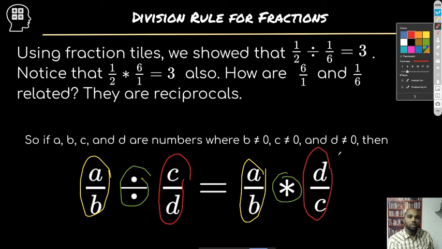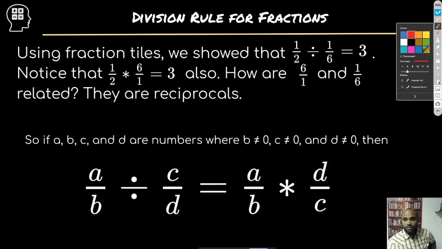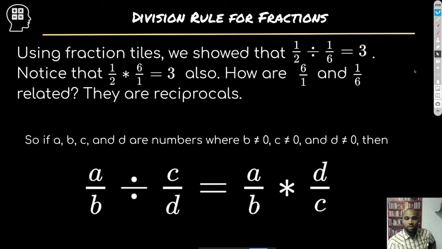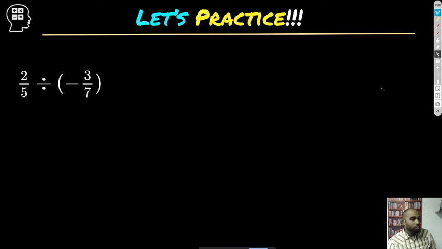Please be sure to do it in that order. You can't say, I'm going to flip the first one and then multiply. No, you have to keep the first one, change the division to multiplication, and then take the reciprocal of the last fraction. So let's do some practice problems to drive that point home.